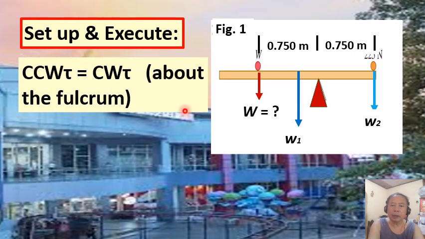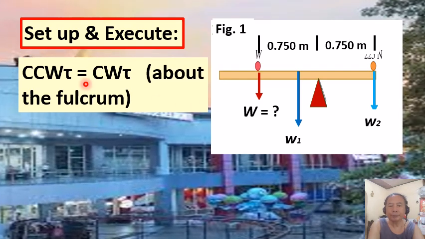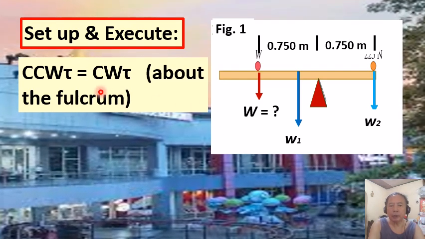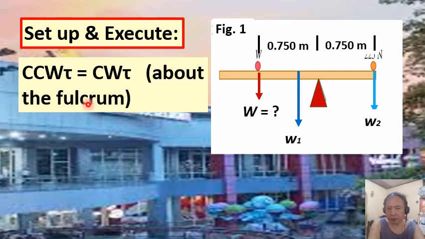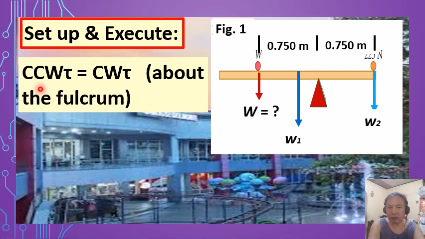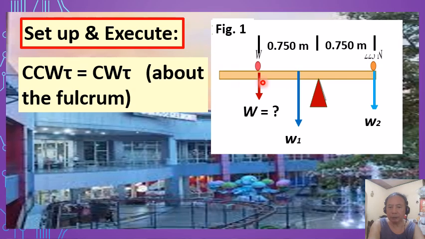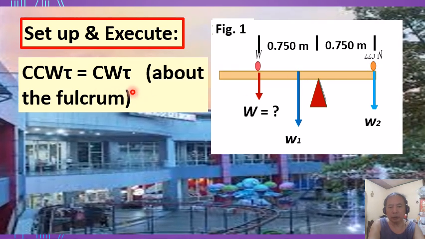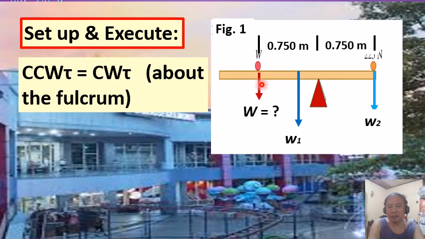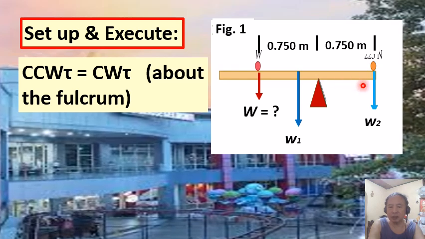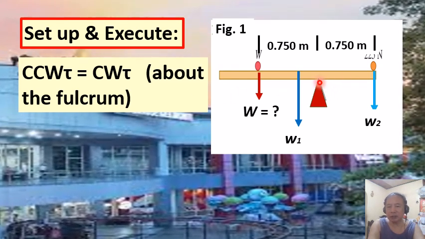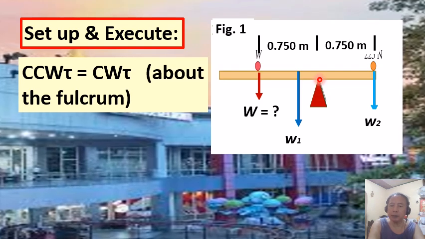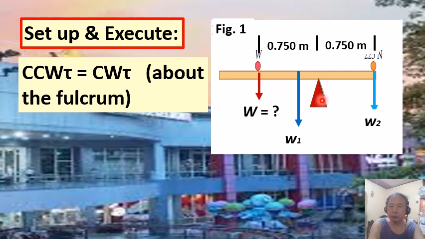Continuing with our solution, we now equate the sum of the torques that cause counterclockwise rotation of the rod to the torque that causes clockwise rotation of the rod about the chosen axis of rotation, which is the point exactly just above the fulcrum.